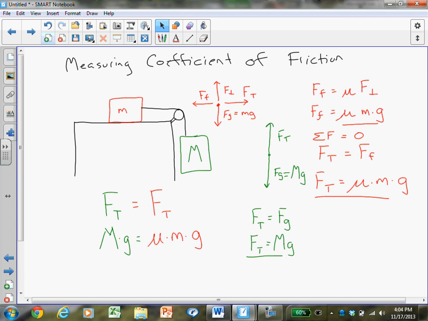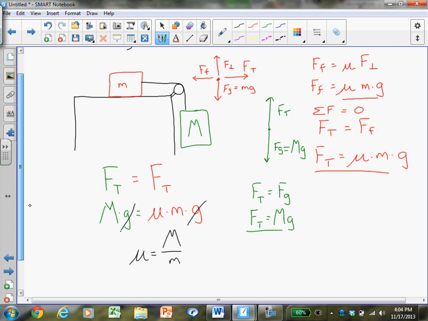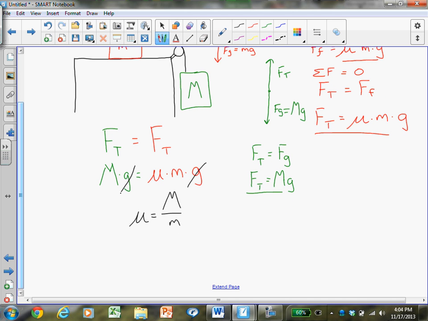The g's just cancel out. And if we solve it for mu, dividing little m over, we can see that mu equals big M over little m. Big M was the hanging mass, and little m was the mass on the table.